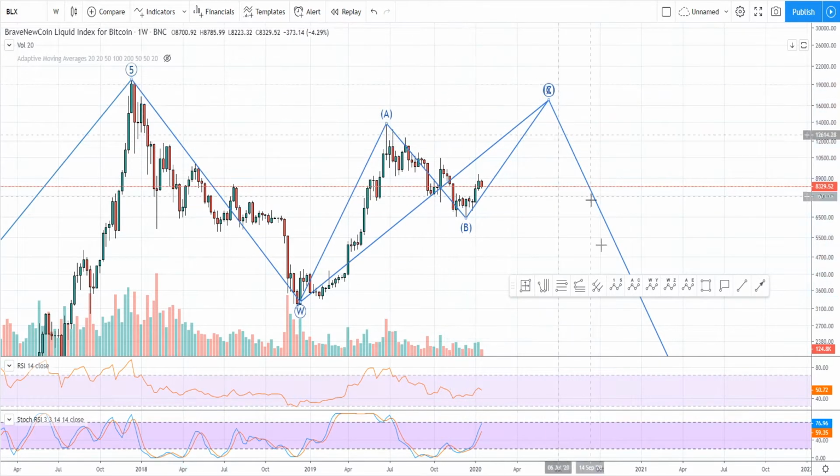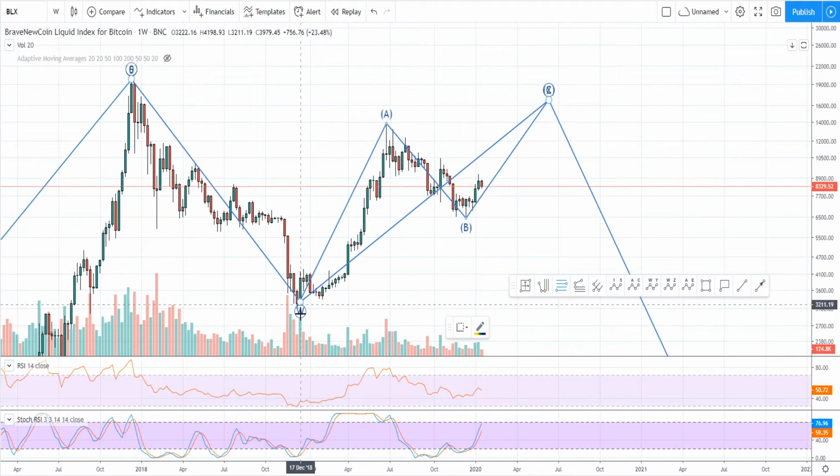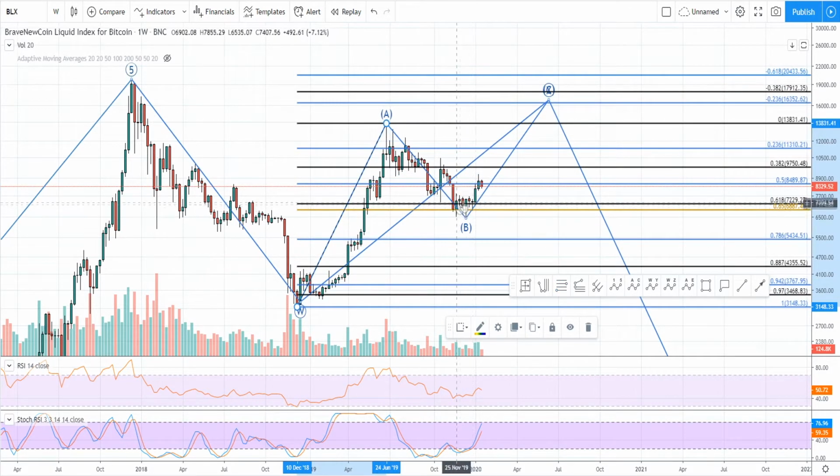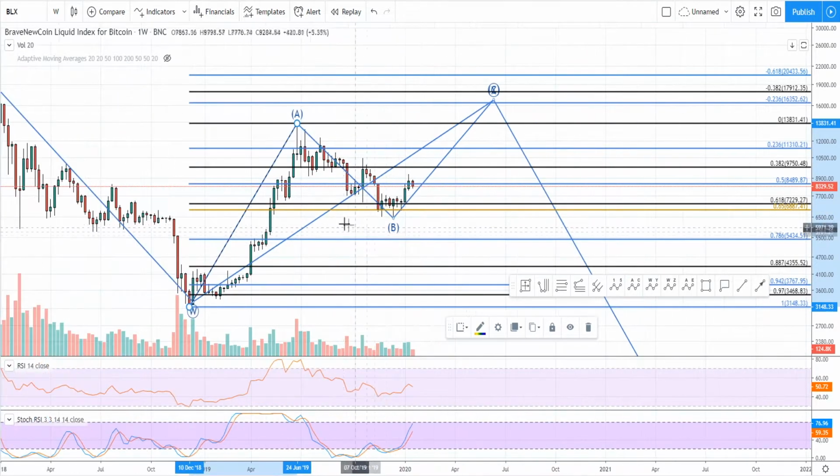The second one: if we look at the internal structure of this ABC, we perfectly bounced at the golden zone. We did wick below, but we never closed below it. And the minus 0.236 fib target is also exactly around the 16,200 level. So that's all confluence, which is very nice to see.